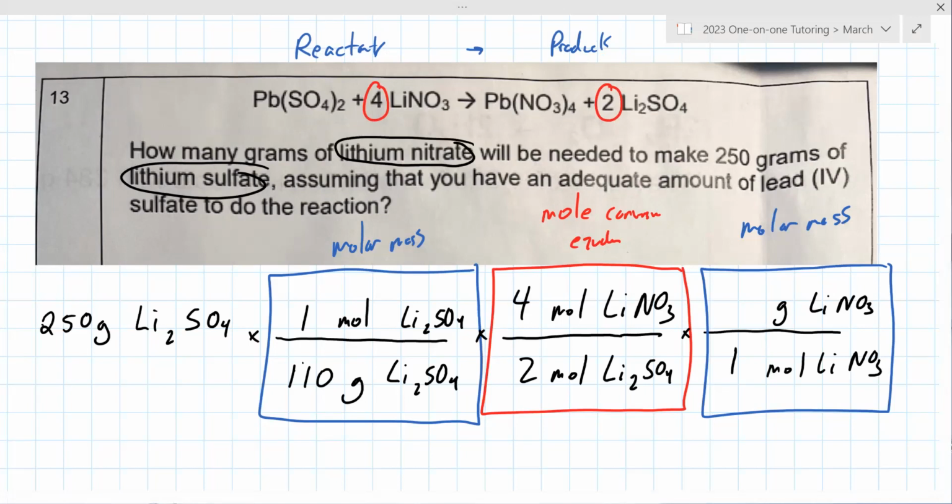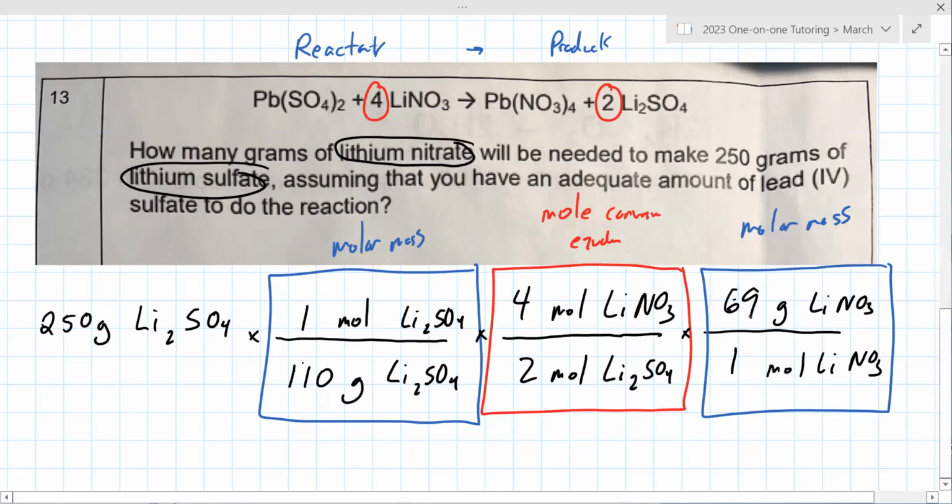So let me know what you come up with for the molar mass of LiNO3. I got 69. Good. Yeah, 69 grams.